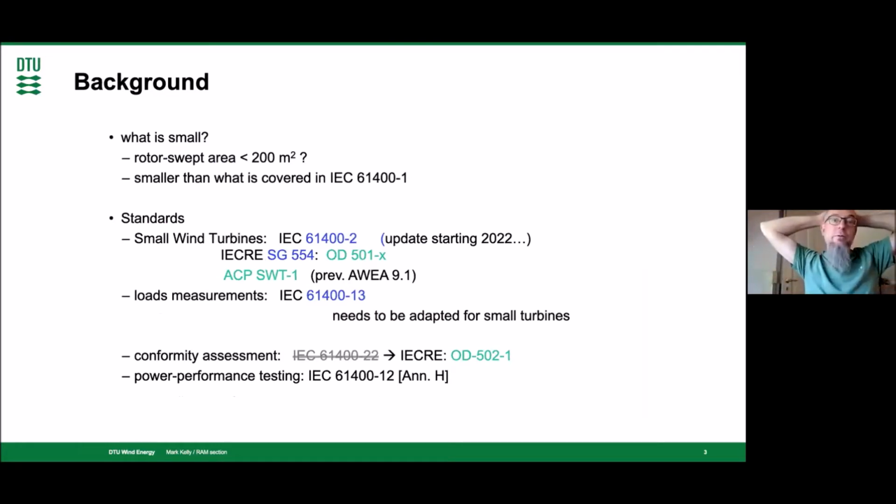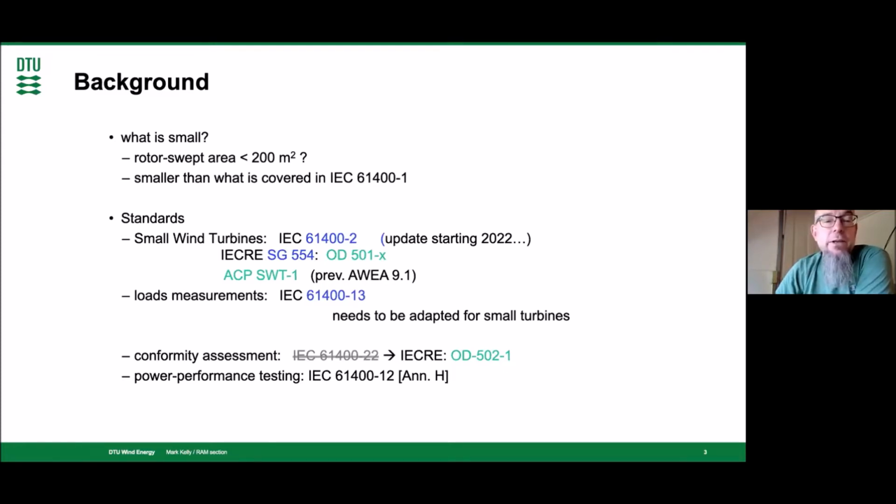So what are we talking about here? This is a small wind conference, right? So there are still issues in determining what is small, and what the big turbine standard can cover or can't cover. Typically, due to a historical artifact, 200 square meters of rotor swept area was considered big. But nowadays there are actually larger areas per power happening.